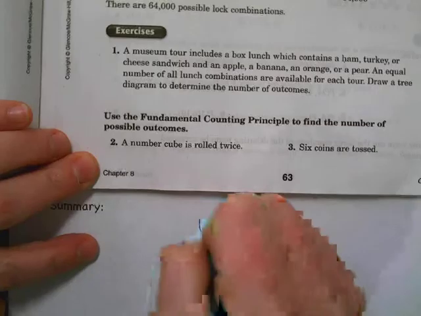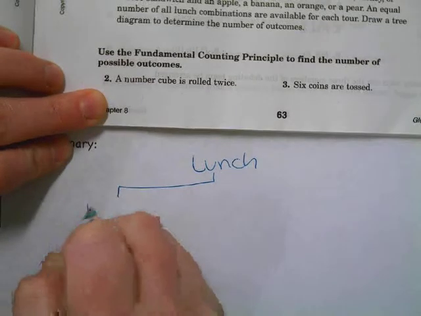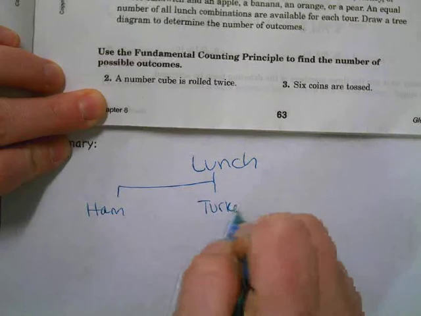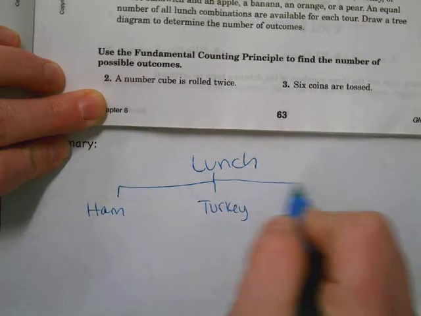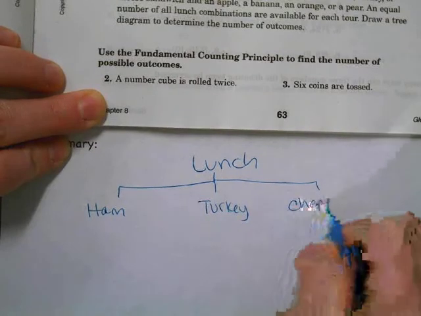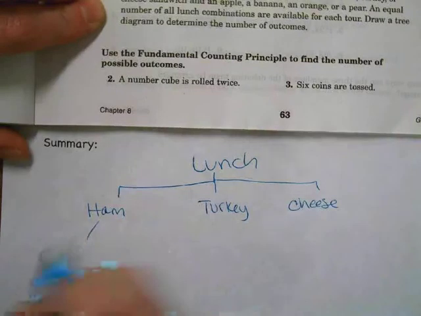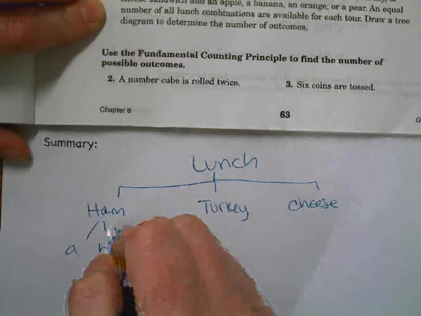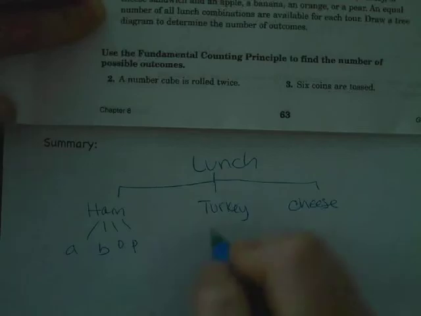So we have our lunch. And you can choose from 3 different sandwiches. You can do ham, turkey, or cheese. And each sandwich would come with an apple, a banana, an orange, or a pear.